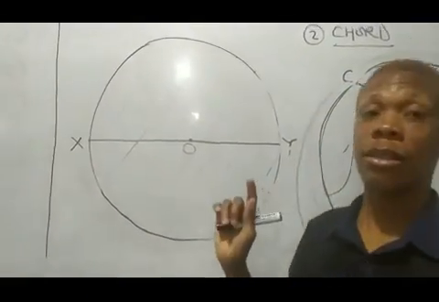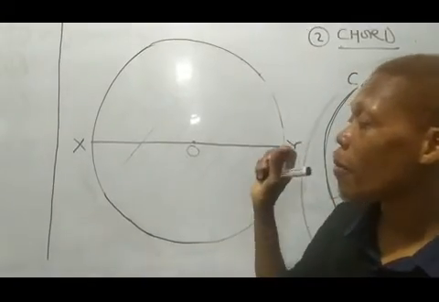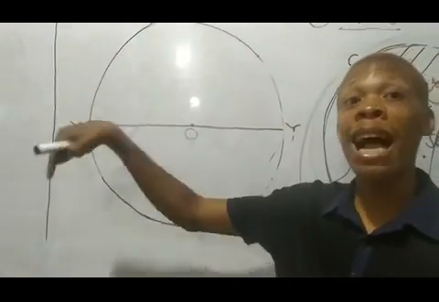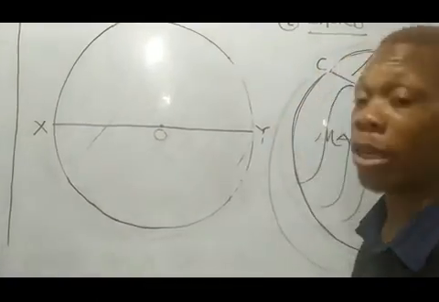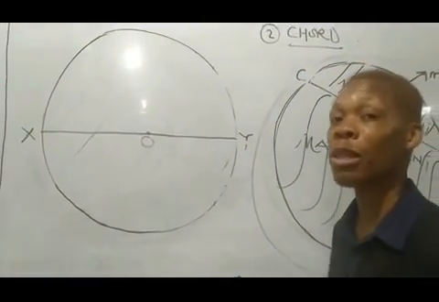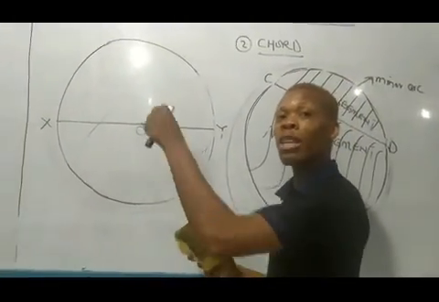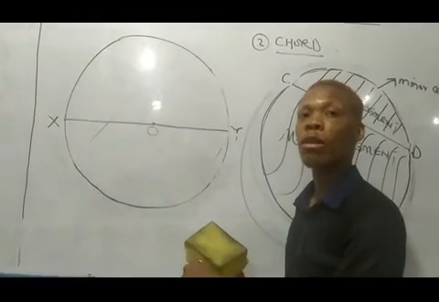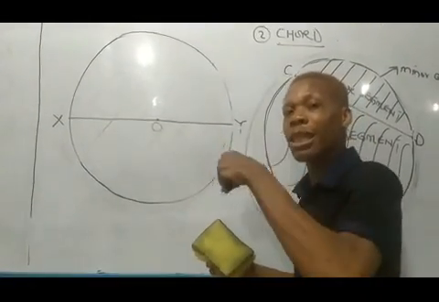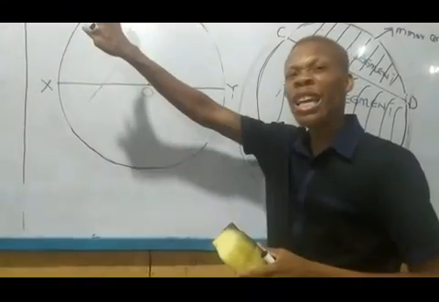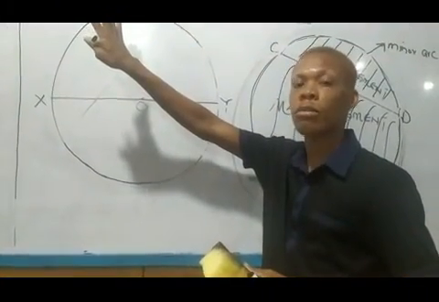Now I told you to note that the radius is half of the diameter. Let's explain the reason why. You recall that from the definition, the radius is a straight line from the center of the circle to any point on the circumference.